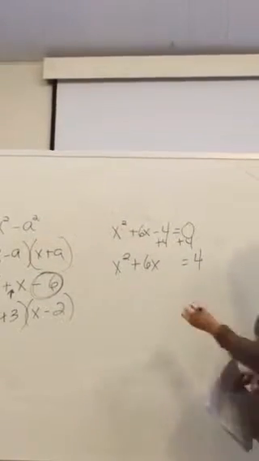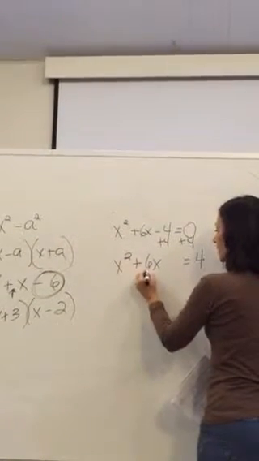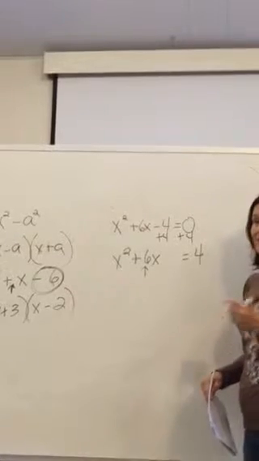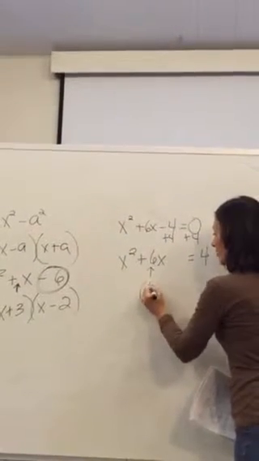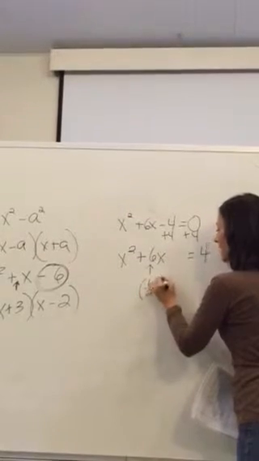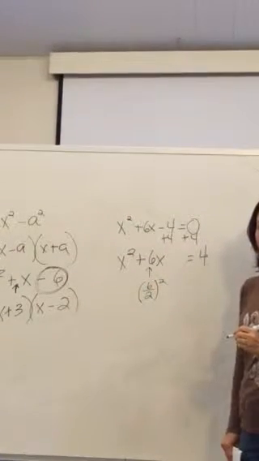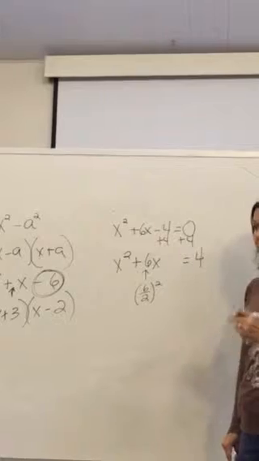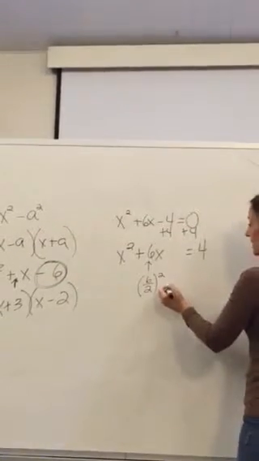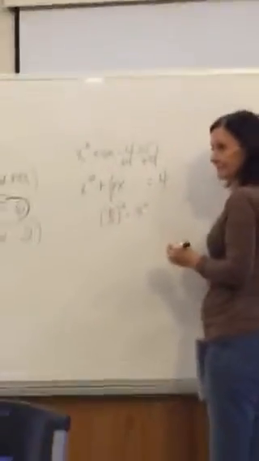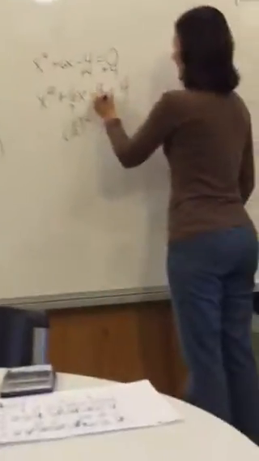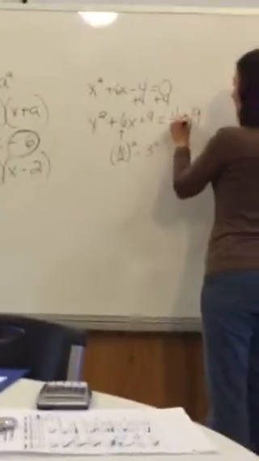You're going to take the coefficient of x to the first exponent, take half of it and square it. It's called completing the square. This is really 3 squared, which is 9. We're going to add 9 to both sides of the equation.